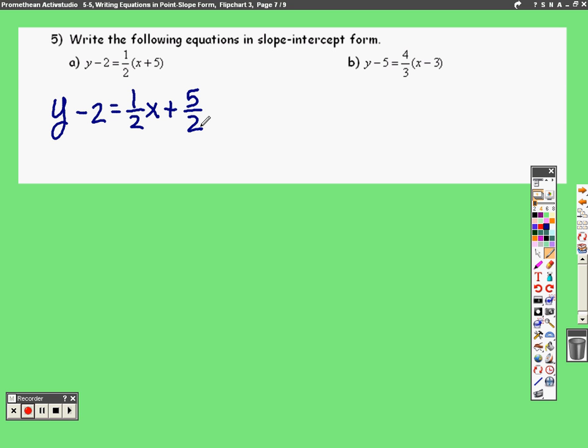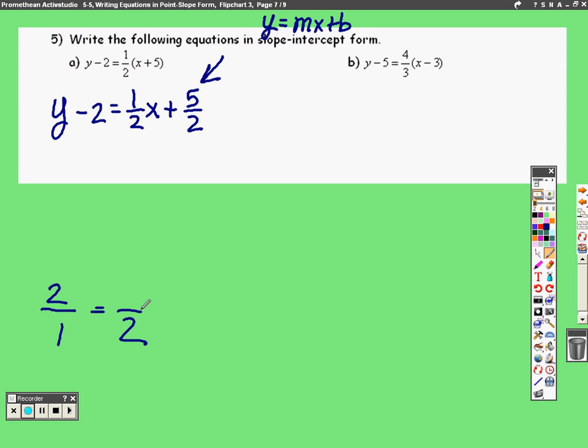Now, to get this into y equals mx plus b form, I need to move that negative 2 to the right side of my equation. And I know I'm going to be adding 2 to both sides. But when I add 2 to 5/2, it's much easier if I add fractions. So I have 2, and I want to turn it into a fraction with 2 as my denominator.